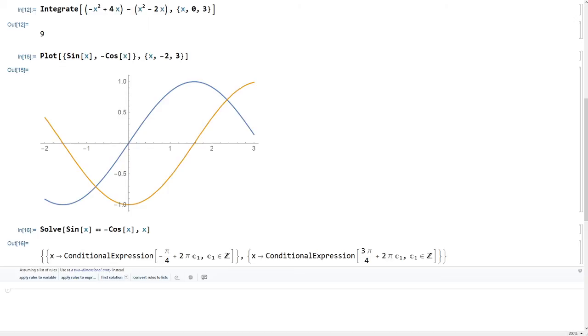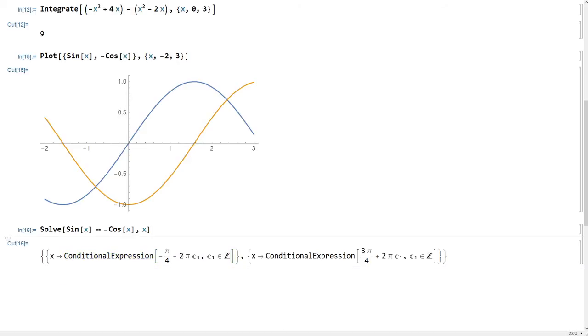All right. So if we look at this, what do we have? We have this sort of weird expression here, right? So we have this 2 pi c1 stuff going on.